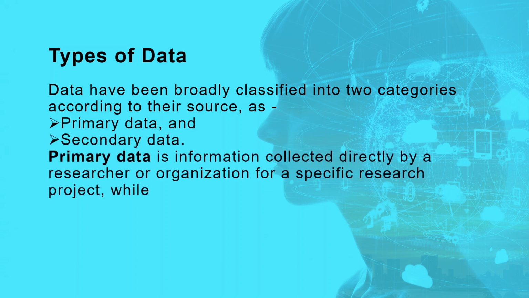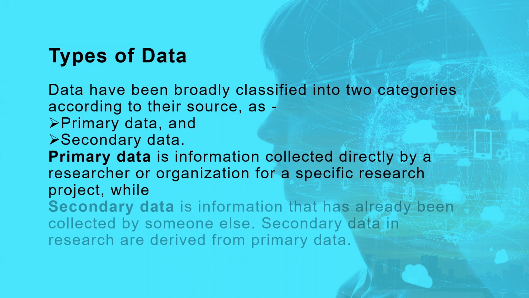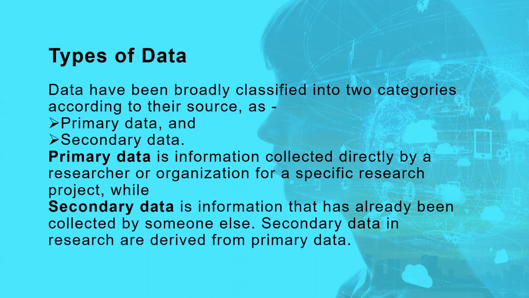Primary data is the values or facts collected directly by a researcher or organization for a specific research project or for any specific decision making activity. While secondary data is information that has already been collected by someone else. Secondary data in research are derived from primary data.